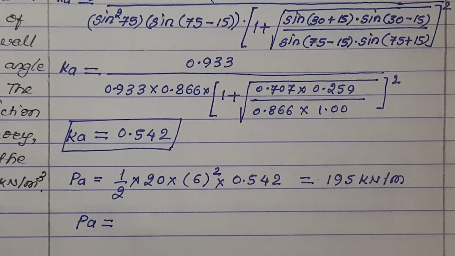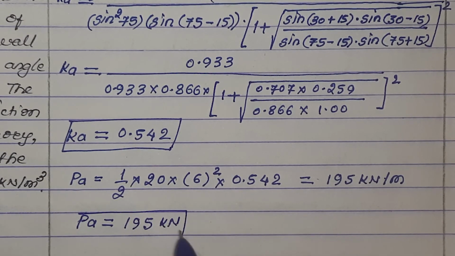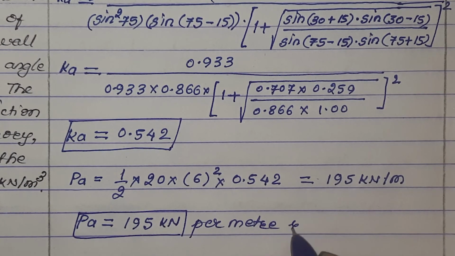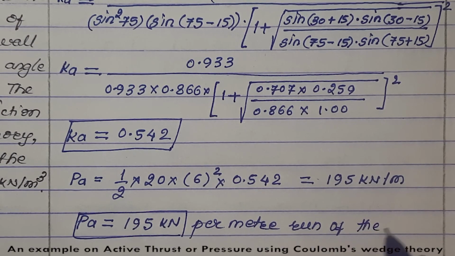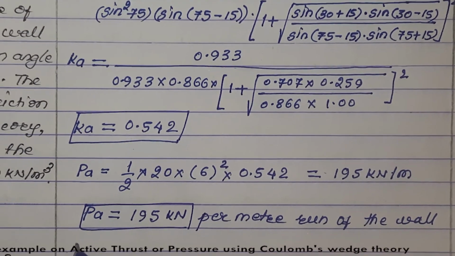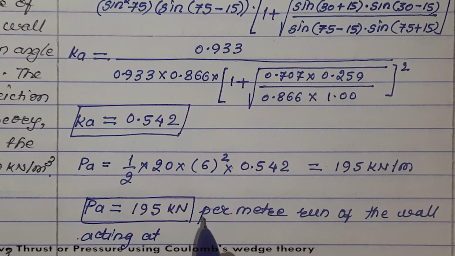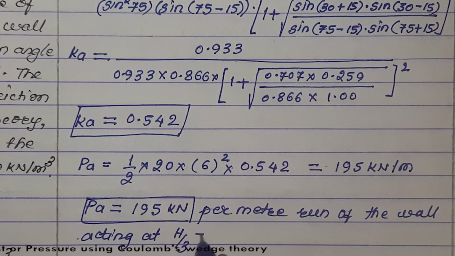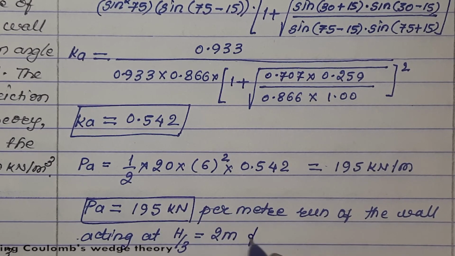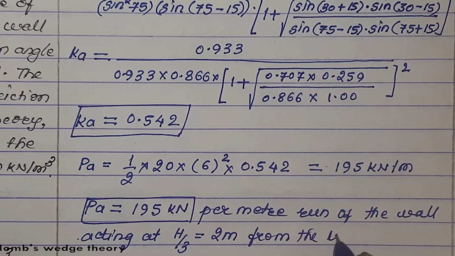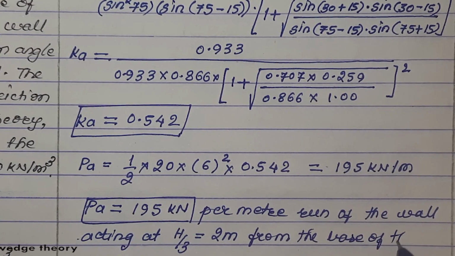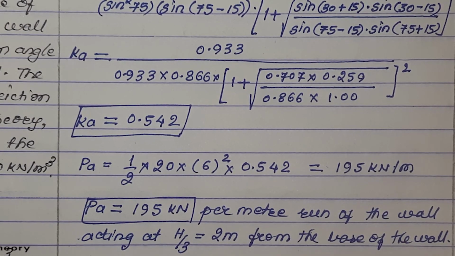Thus, Pa is further written as 195 kilonewton per meter run of the wall, acting at H by 3, that is 2 meter height from the base of the wall. Okay, this is the answer.